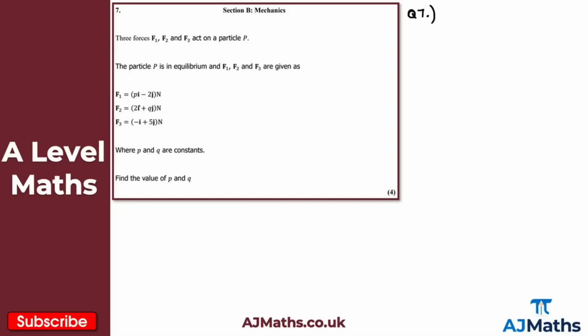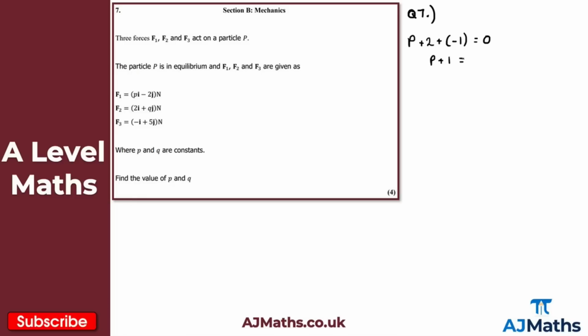So if I add the I components together and set them equal to 0, we can solve for P. I'm going to get P plus 2 plus minus 1, which must be equal to 0. 2 plus minus 1 is the same as 2 minus 1, so I get P plus 1.